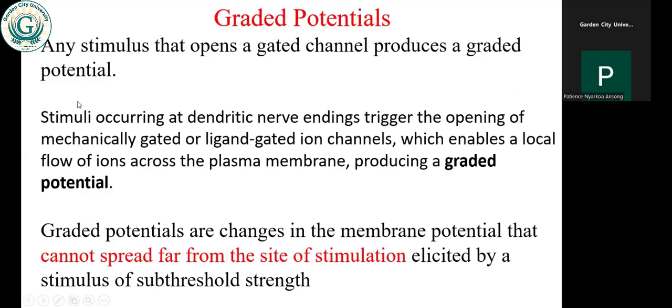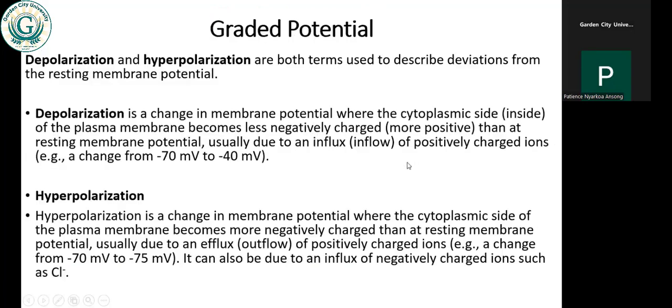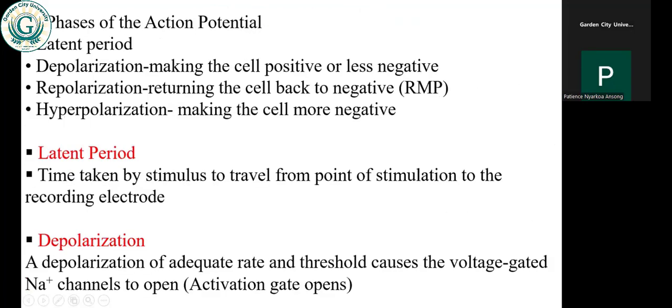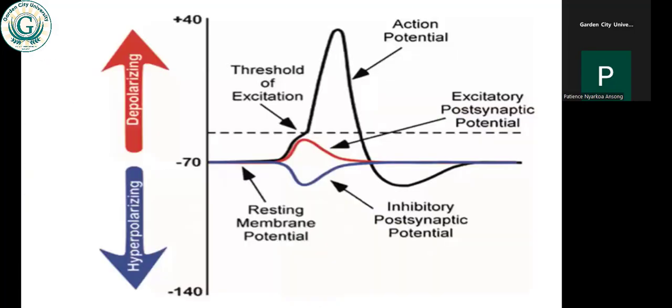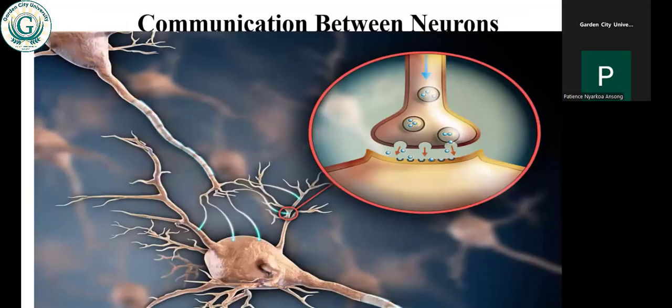So we say a stimulus occurring at the dendritic nerve endings triggers the opening of mechanically gated or ligand-gated ion channels, which enable a local flow of ions across the plasma membrane, producing a graded potential. Let me use the transmission across the synapse to explain this so that it becomes clear.